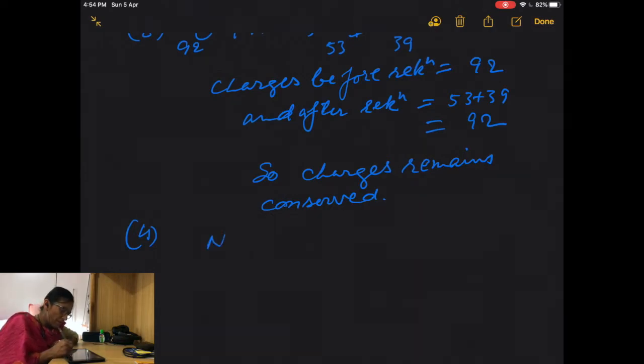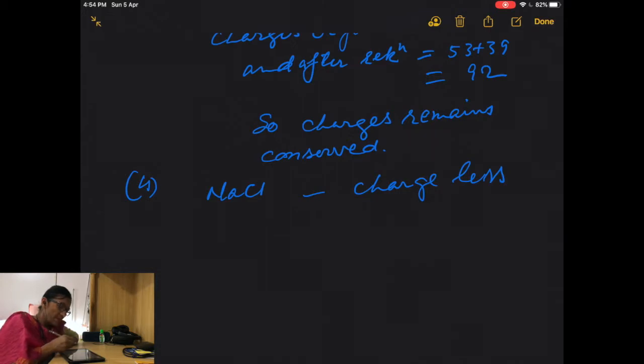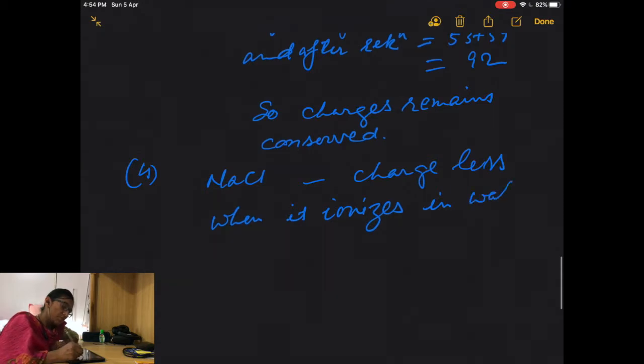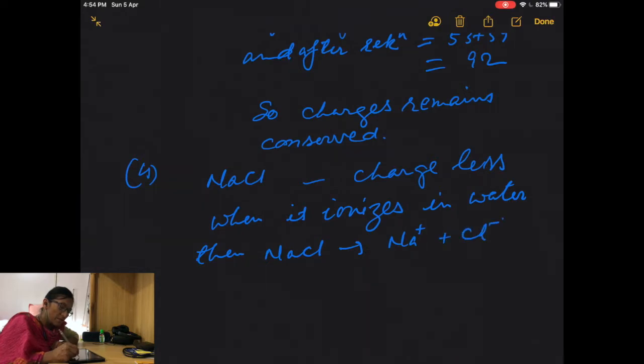Take the example of NaCl. It is chargeless. Now, when it ionizes in water, NaCl becomes Na plus and Cl minus.